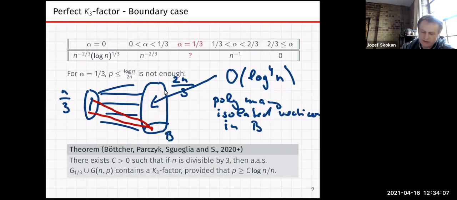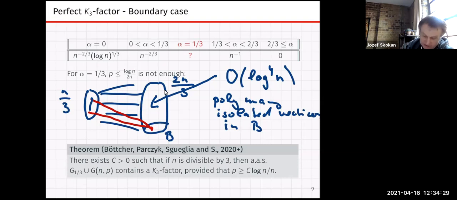So there is no way you can find a perfect K3 factor in this perturbed graph. And that tells you that at least you have a lower bound on the threshold: log n over 2n is not enough. We just found one example of such a graph.